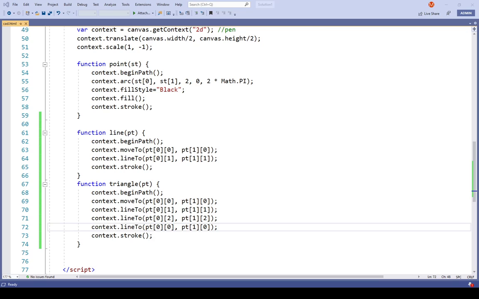This is what I want, which will be equal to H into P. So my H is 1.767, minus 1.767, minus 1.767.